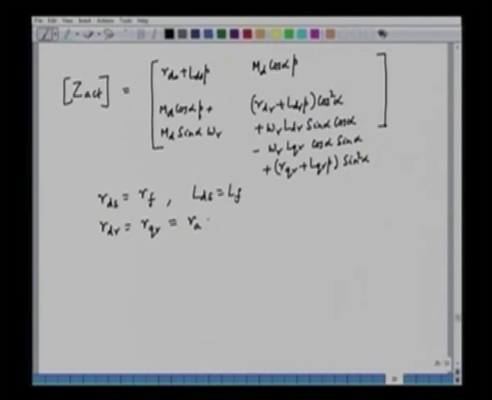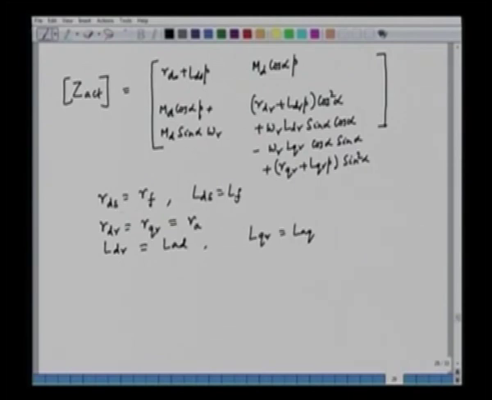The two windings in the D axis and Q axis rotor have the same number of turns. Each one is having the same number of turns, and that is the resistance of the armature, that's equal to RA. And then LDR is equal to LAD, the armature inductance in the D axis, and LQR is equal to LAQ, the armature inductance in the Q axis.